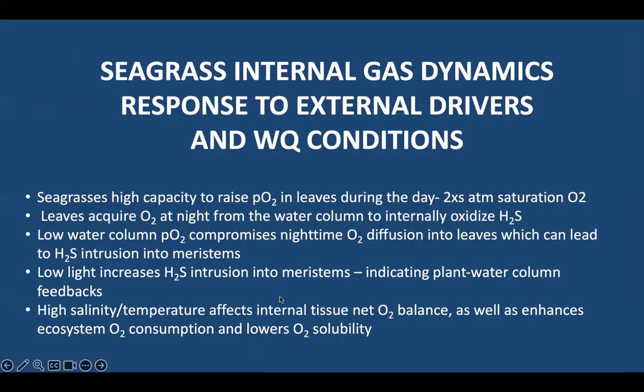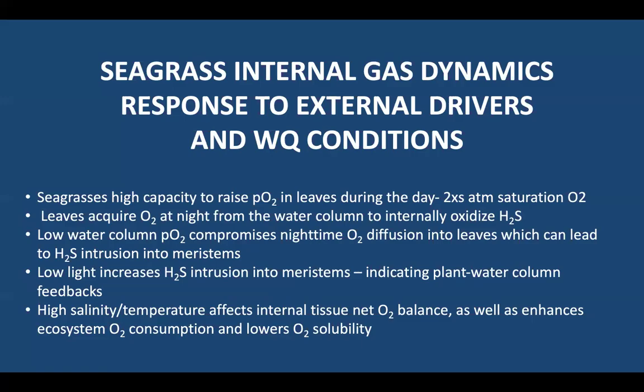So just in summary, seagrasses have a high capacity to raise oxygen in the leaves during the day, 2 times atmospheric saturation of oxygen. Leaves acquire oxygen at night from the water column to internally oxidize hydrogen sulfide. Low water column oxygen compromises nighttime oxygen diffusion into leaves, which can lead to sulfide intrusion into the meristems.